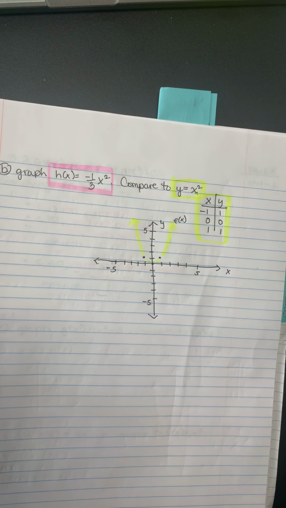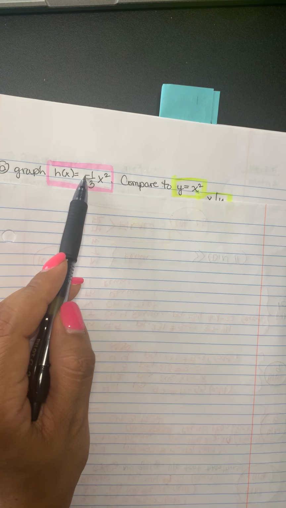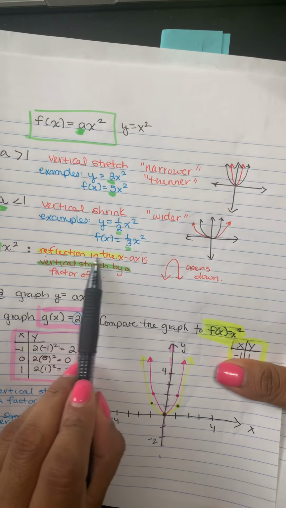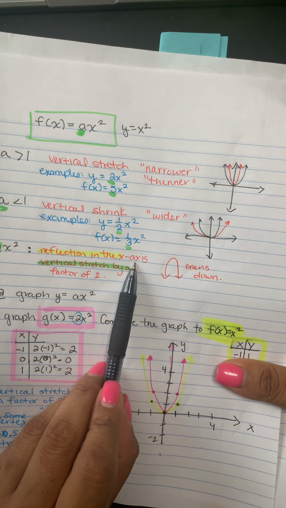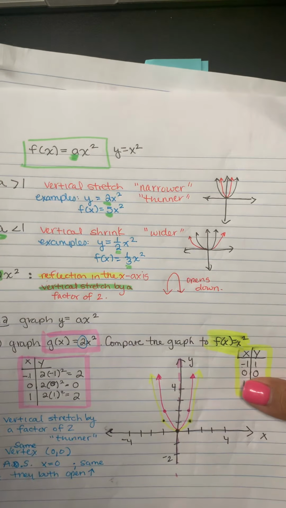Okay. All right. Even before we graph it, let's talk about some things that we learned on the previous page. First of all, there's a negative here, students. What does that mean? There's a reflection in the x-axis. And then we have this 1/3. We have a fraction, which is 1/3.